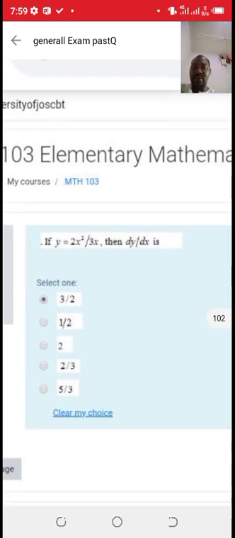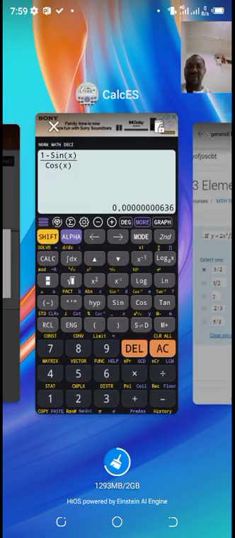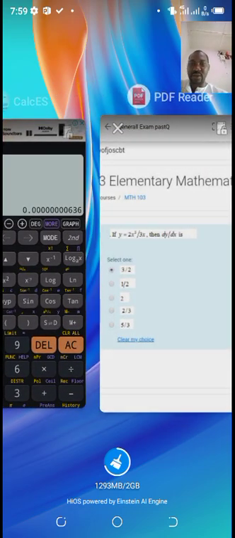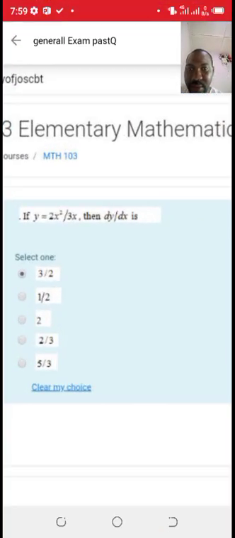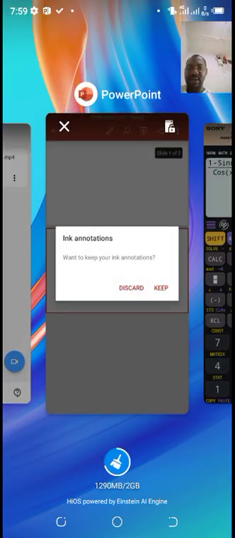Here we are asked to differentiate: if y is equal to 2x cubed over 3x, then dy/dx is something we can solve ordinarily. So let's do that quickly. We have 2x cubed all over 3x.